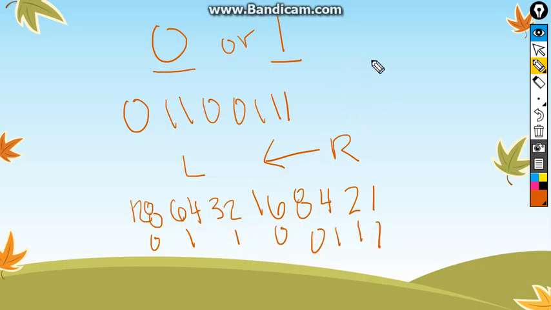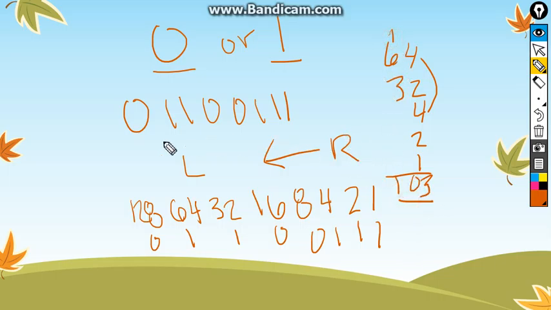So if we add this all up, what is that? 64 plus 32 plus 4, 2, and 1. Now we only care about the ones because that means the bit is turned on. So that equals 100 plus 3, so 103.